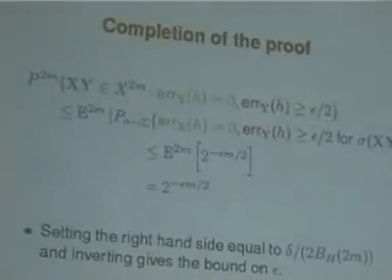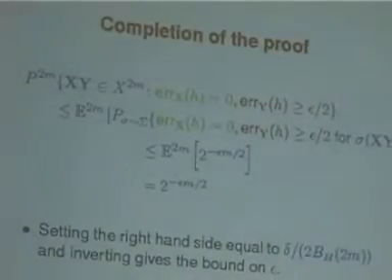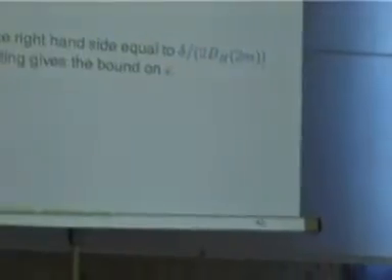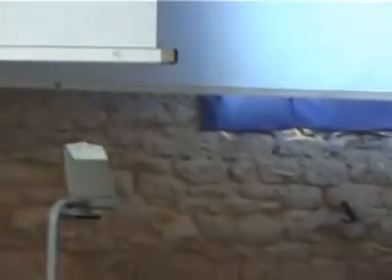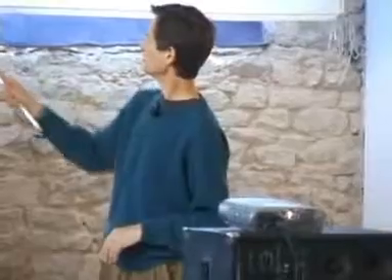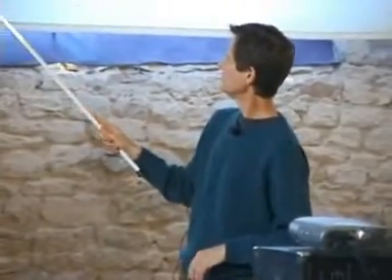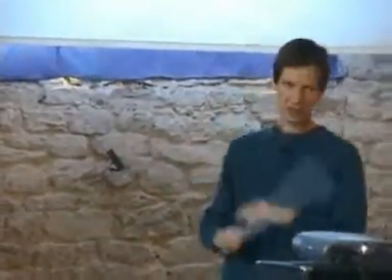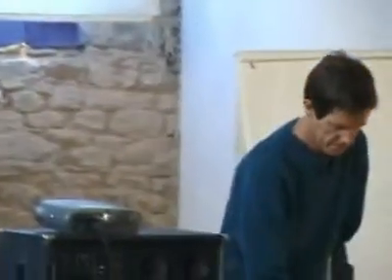Then we can invert that to give a bound on epsilon. If you want to spend just 2 minutes trying to do that, set this equal to that and invert it, where we know what this BH of 2m is from Sauer's lemma.